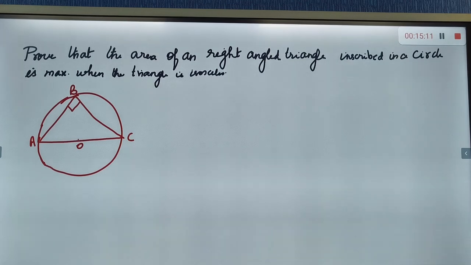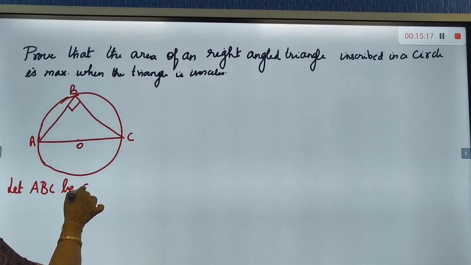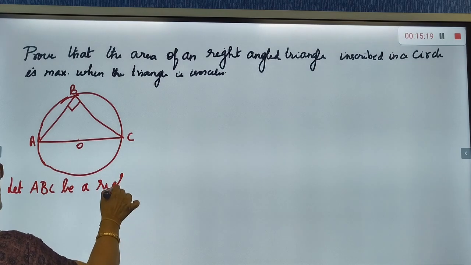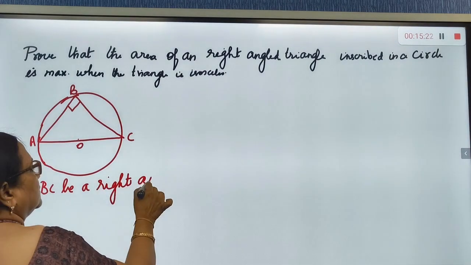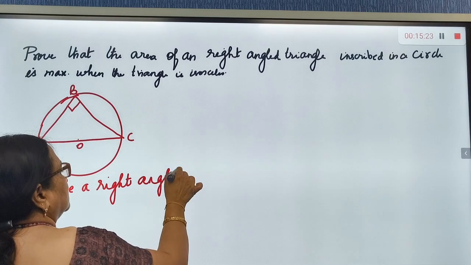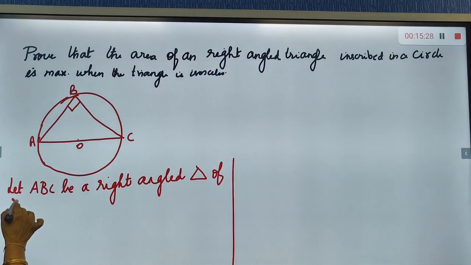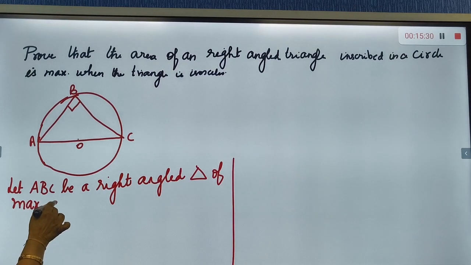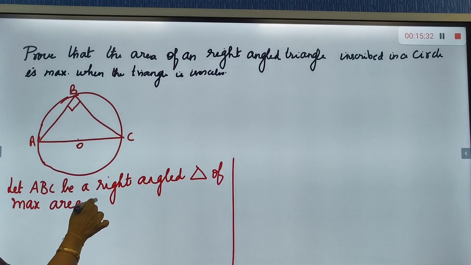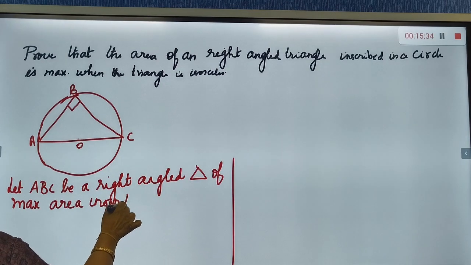is isosceles. Okay. So let ABC be a right angle triangle of maximum area inscribed in a circle.